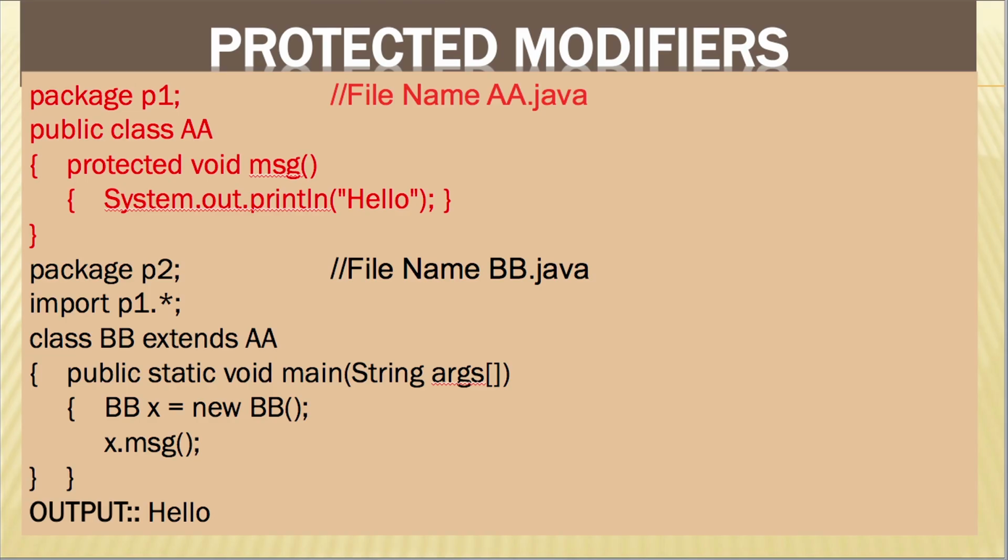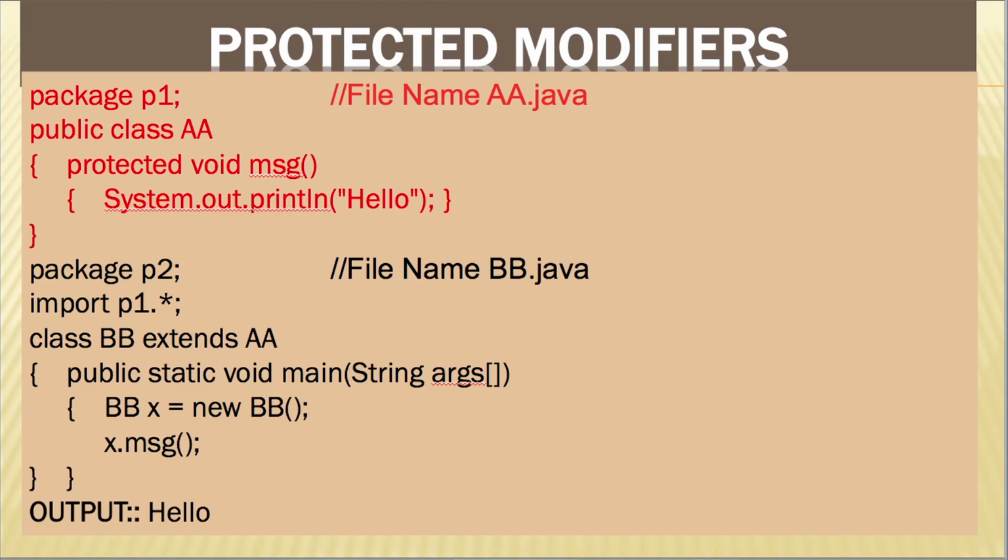Now in package P2, after writing the package P2 statement, we immediately write import P1.*, meaning we are importing the previous package here. These are two different files: the first file has package P1, and the second file has package P2.